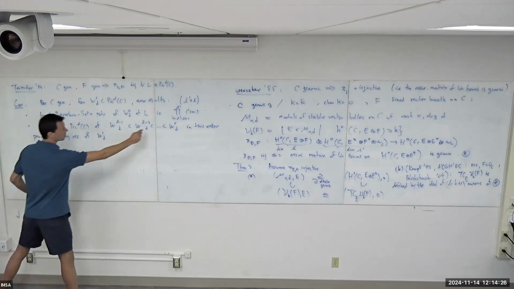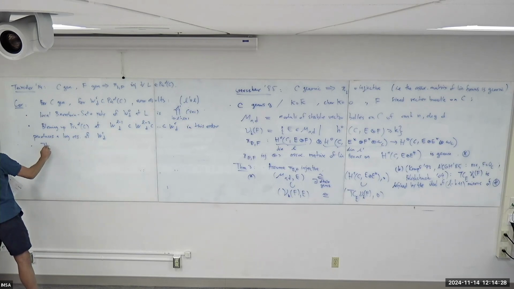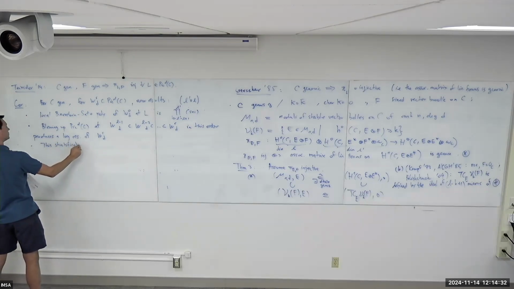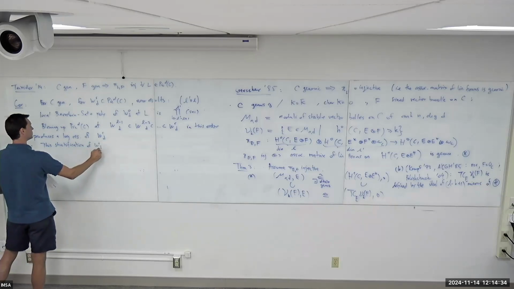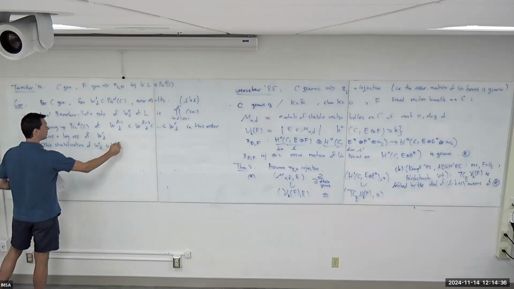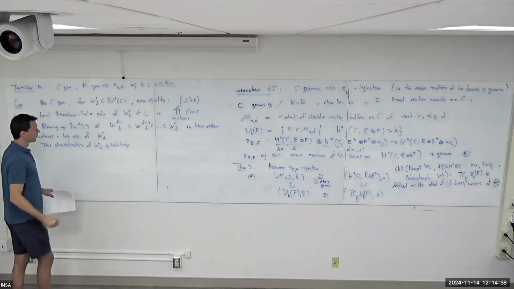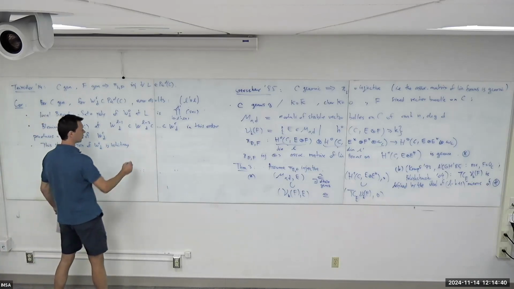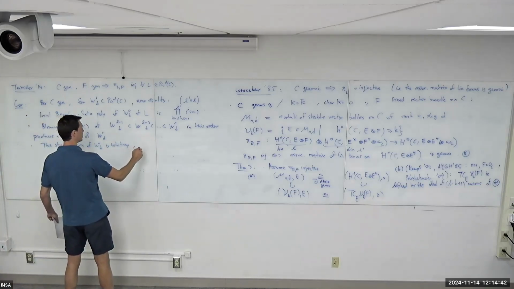This stratification of W^r_d here is Whitney. And you have explicit computations, local-level obstructions.